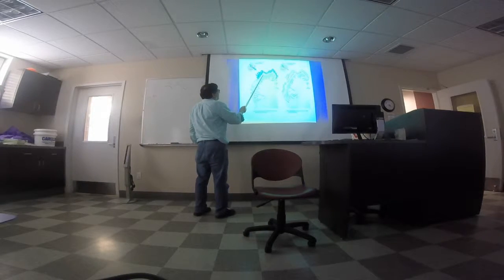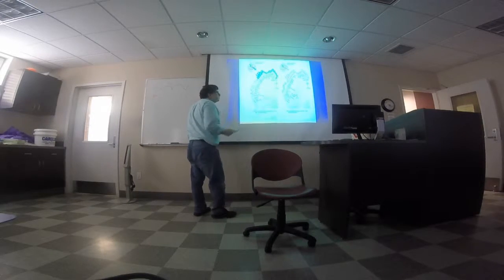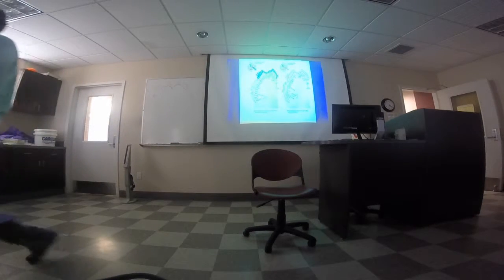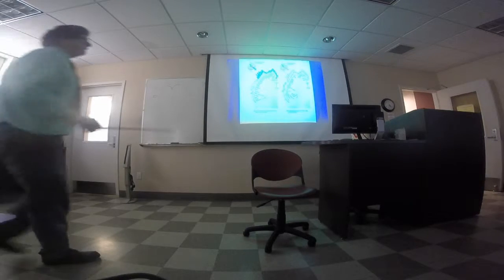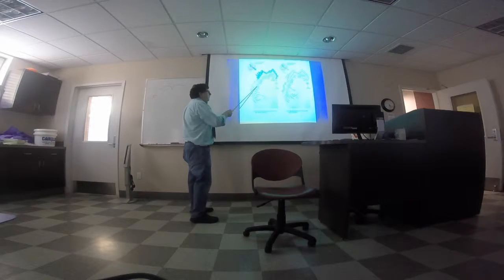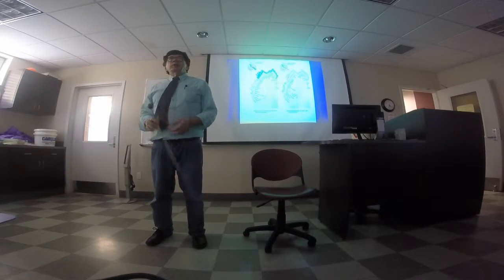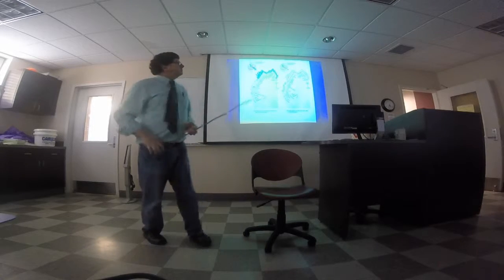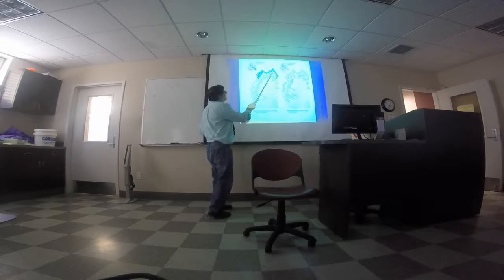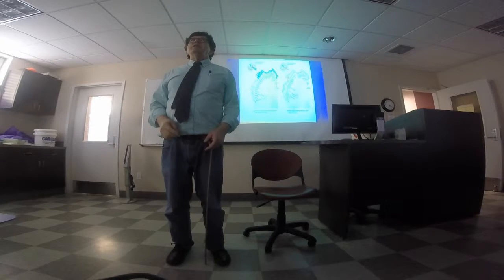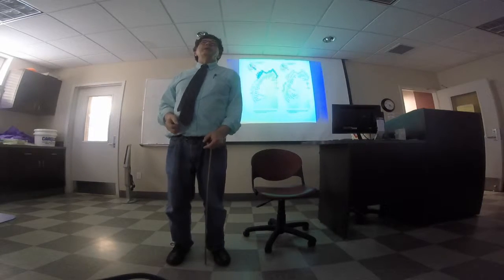Because the hand has a high density of sensory receptors, more of the primary sensory cortex is devoted to reception of impulses from the hand than to other regions. Same thing holds true for the face. A higher density of sensory receptors, so more of the primary sensory cortex is devoted to the face. Whereas you notice here within the lower extremities, even though this is a larger region of the body, the concentration of receptors in that region is less than what we'd find in the hands or in the face.